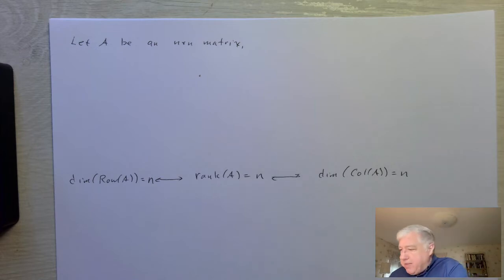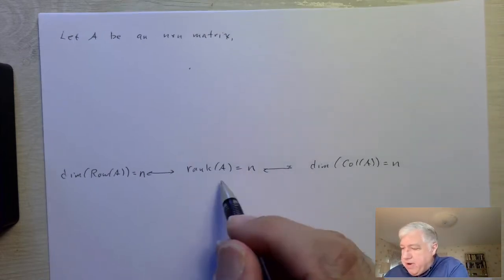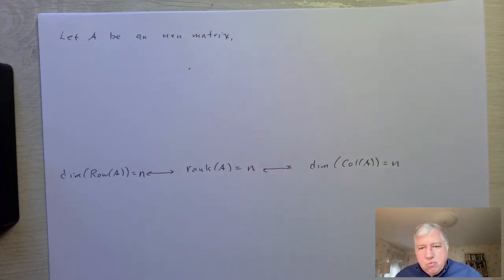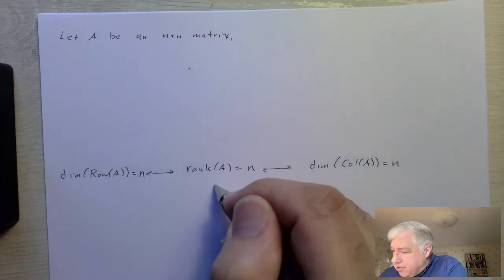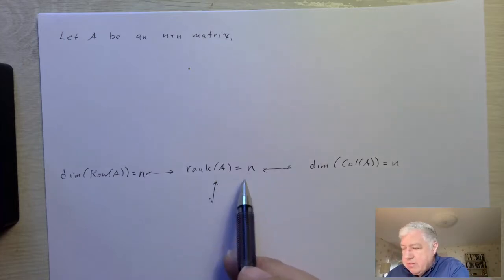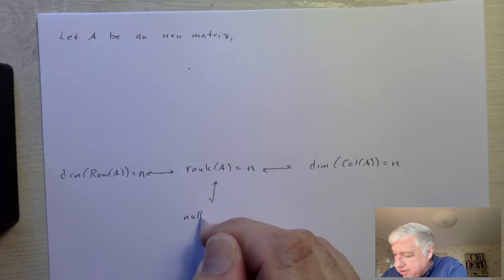Now, if the rank is n, then the rank and the nullity have to sum to the number of columns in the matrix. That's from the rank theorem. So this is equivalent to saying that if the rank of A is equal to n, then the nullity of A has to be 0.